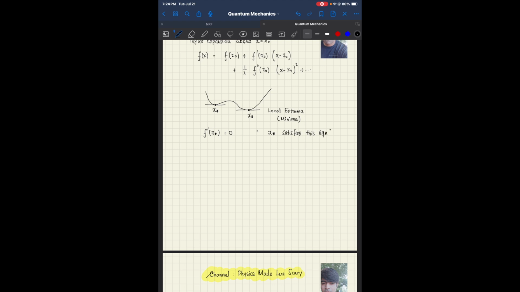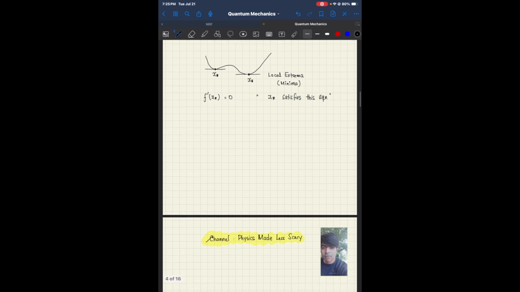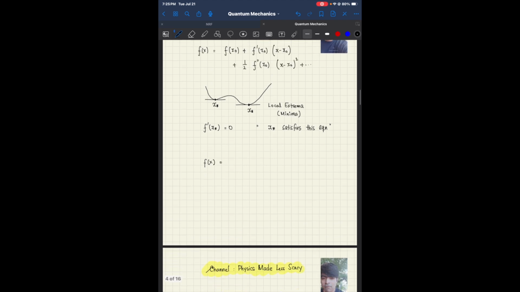Well, if your first derivative vanishes here, your first order approximation is given by this term. So any f(x) would be given by half V double prime times (x minus x0) the whole squared, plus higher order in x minus x0.